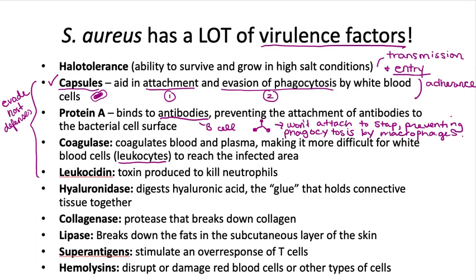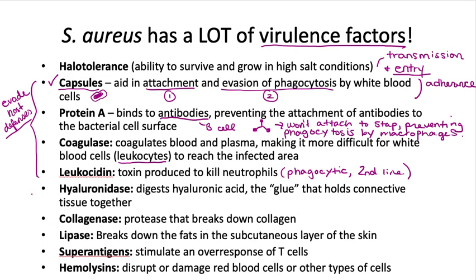Leukocidin is a toxin that's produced that kills neutrophils, and neutrophils are phagocytic, and they are involved in second-line defense. All right, so all of these virulence factors right here help with evasion of host defenses, and then it gives the organism a longer period of time to start growing and causing damage.